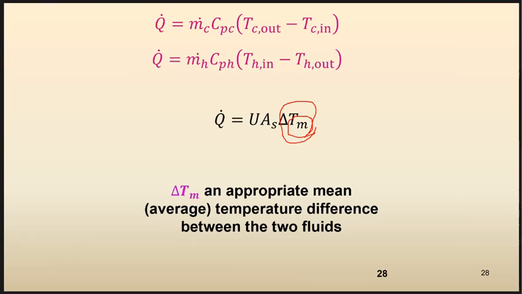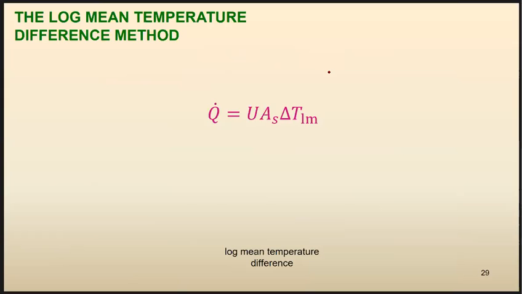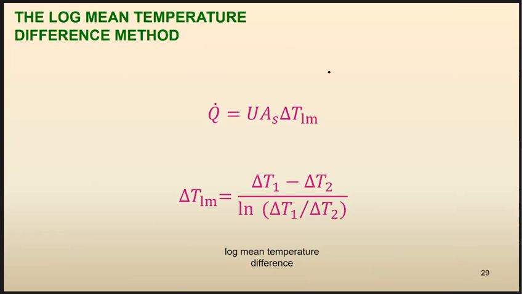As I said, whatever energy is gained at the cold side must be equal to whatever energy is lost at the hot side at each section of the heat exchanger. So if we perform that energy balance, this is the equation that we get.